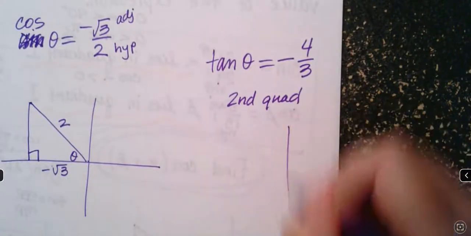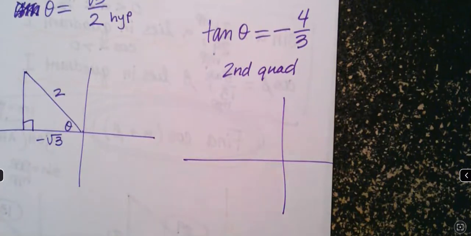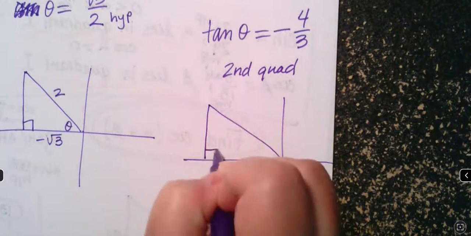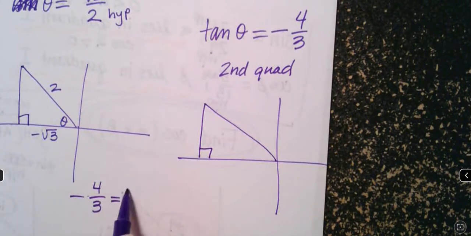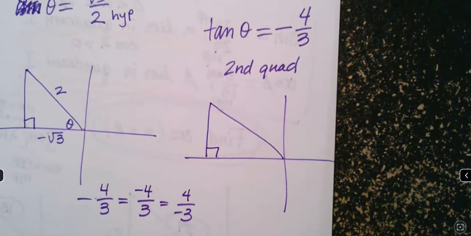I know you're thinking, where are you going with this? What I want to point out to you is that when you have a fraction and it's negative, okay, negative 4/3 could mean negative 4 over positive 3 or positive 4 over negative 3. All of those just mean negative 4/3.